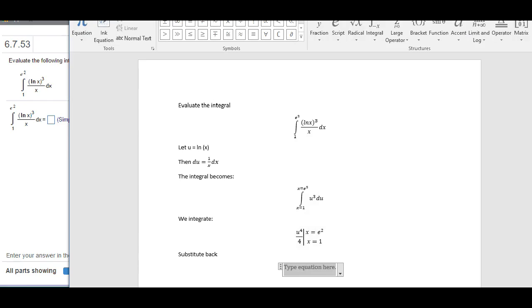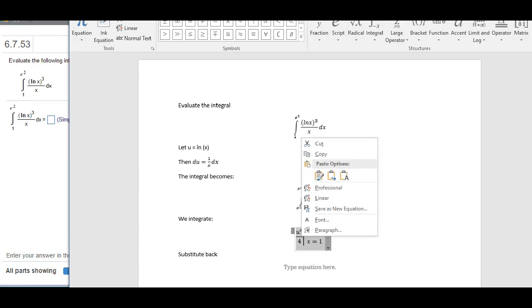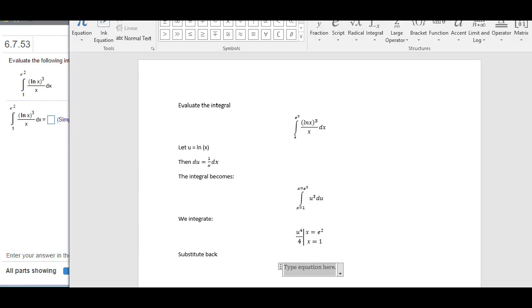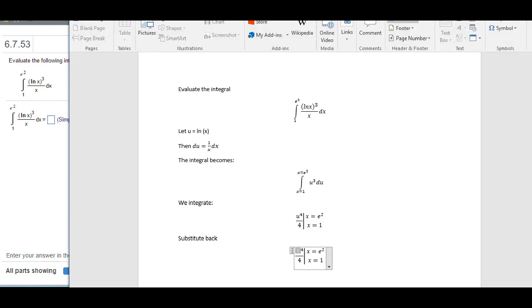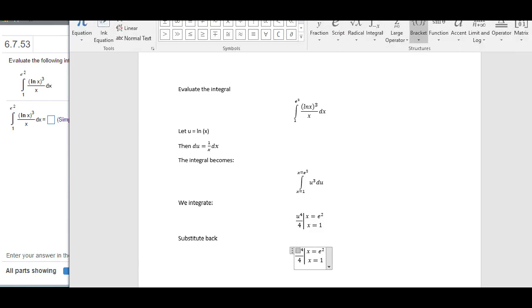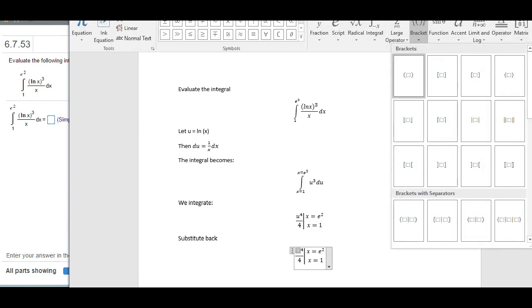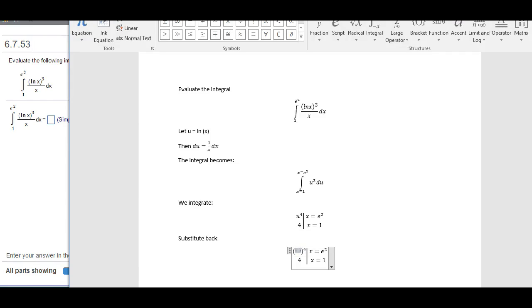I'm going to just copy this whole thing right here, and let's change the u to parentheses. And I'll put my ln x here where the u used to be. And now I don't have to say x equals anymore because I have this back in terms of x. So I can just take out the x equals and evaluate this thing between e squared and 1.